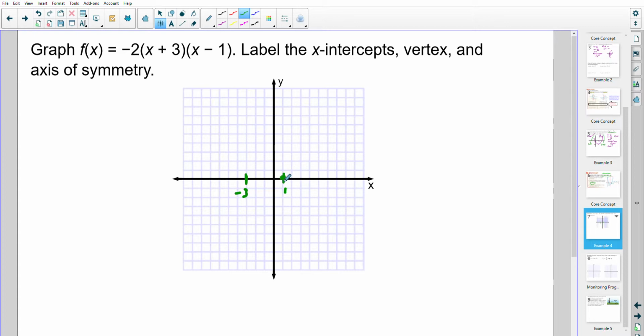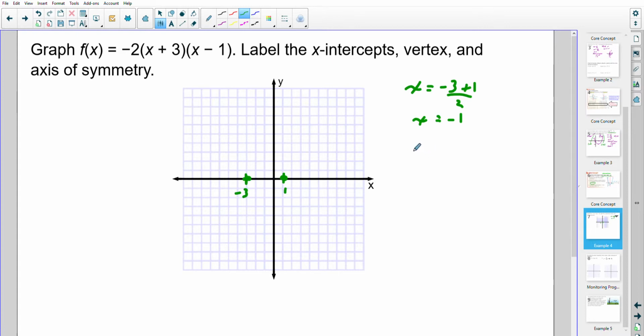So you know the parabola is going to go through these two. You also know that your axis of symmetry is where x is equal to -3 plus 1 divided by 2, which is the average, and that's going to equal -1. You can kind of see that that makes sense going through here.